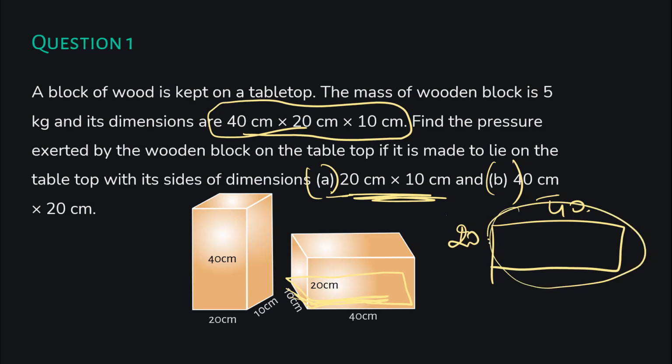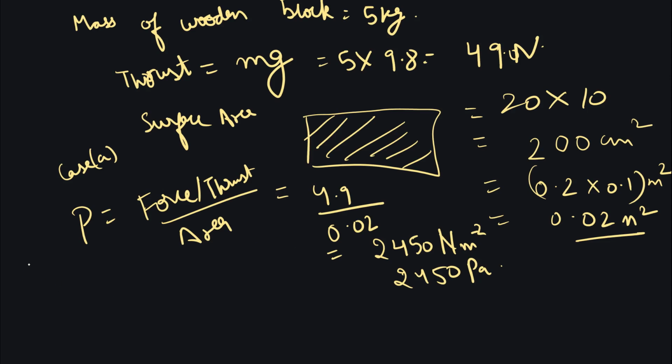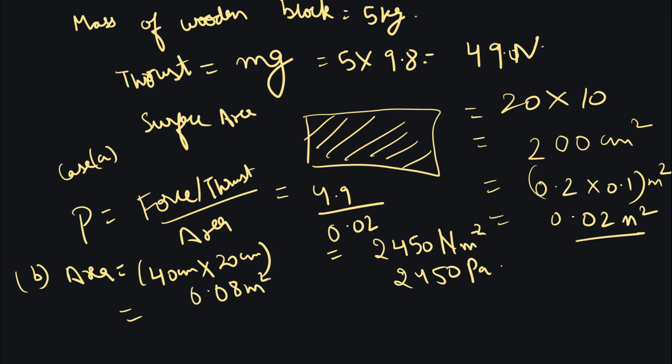We are taking this surface, okay? So, again, we will calculate the area. For case B, what will be your area in this case? Again, your area will be 40 centimeter into 20 centimeter, right? So, it is 800 centimeter square, which equals 0.08 meter square.